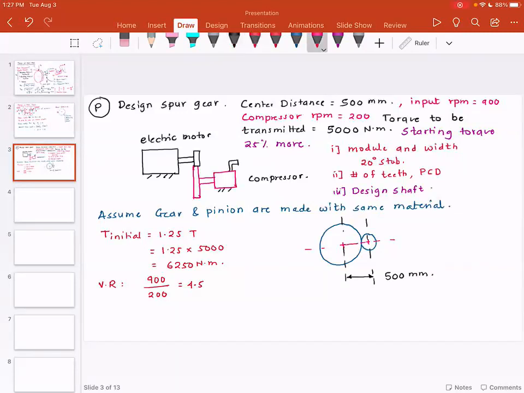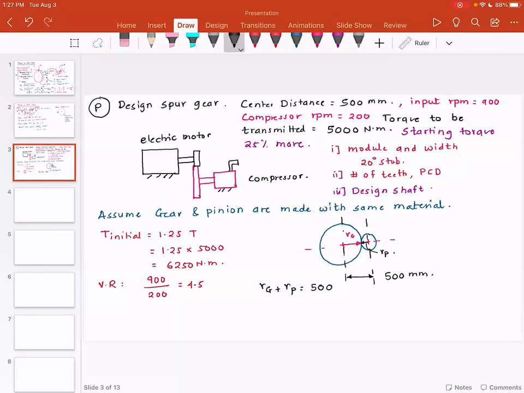So this is the radius of the gear and this is the radius of the pinion. So radius of the gear plus radius of the pinion is equal to 500.